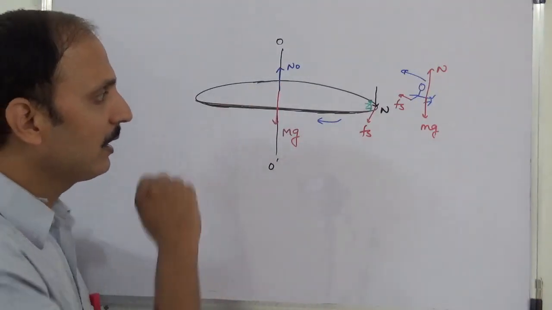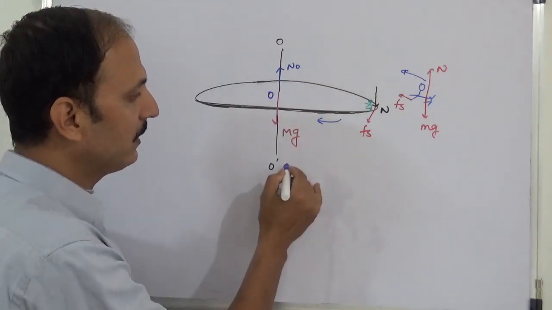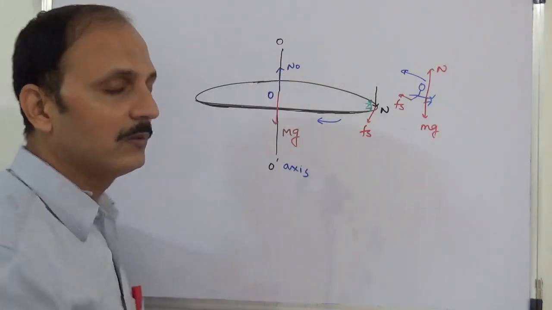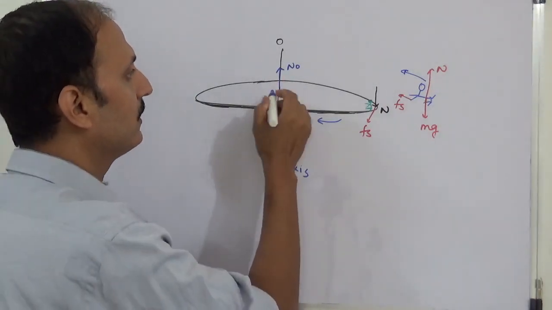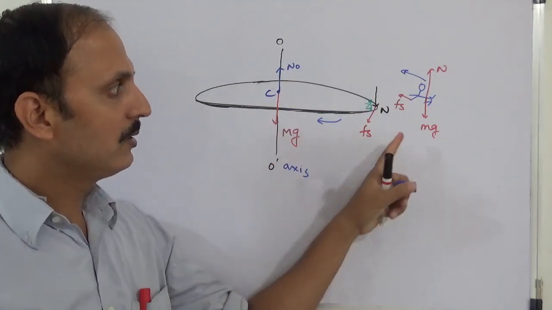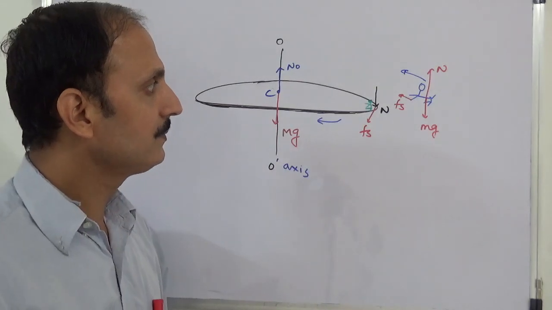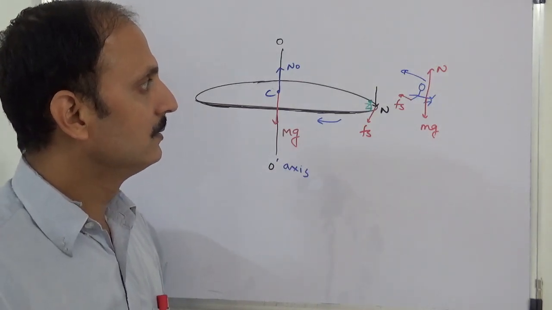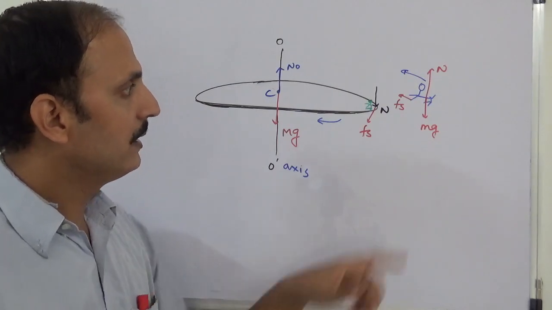If I take torque about O, this is the axis of the disk passing through O prime. So torque about O prime, let's say this is center C. Torque due to N naught and Mg is 0, torque due to Fs is 0.